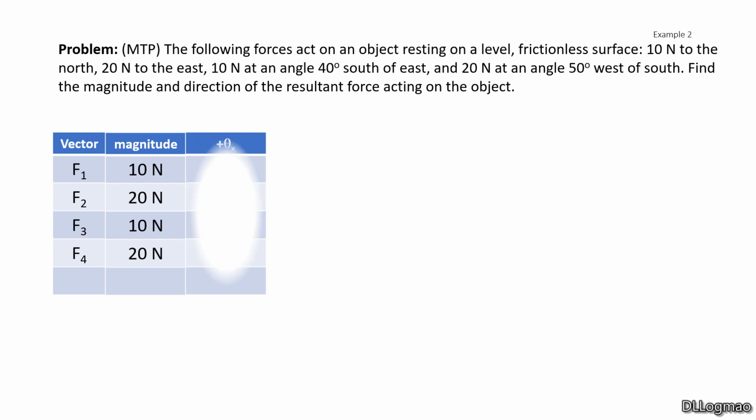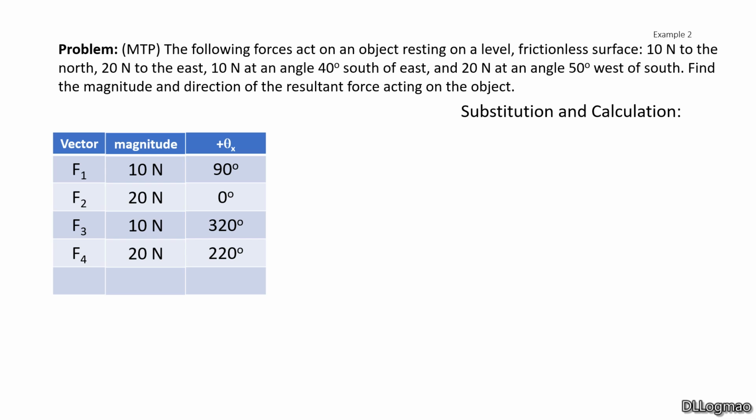Third column, the direction of each vector from the positive x-axis. The next column will be the x and y components which are to be solved. Substitute and calculate from the formula presented earlier.